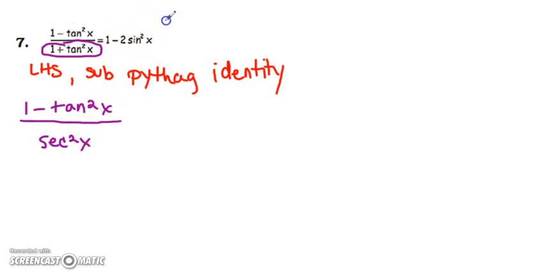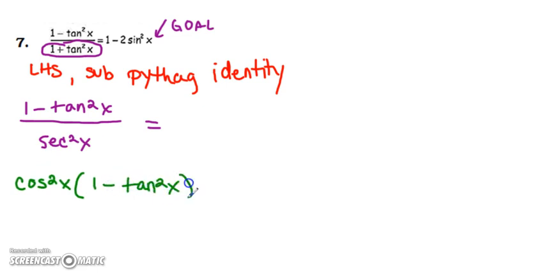The problem's goal does not have a fraction. So I'm going to get rid of the denominator by rewriting it. That's my next step. I'm going to change secant squared, being in the denominator, to cosine squared x times 1 minus tangent squared. And then I'm going to distribute it. So cosine squared x minus cosine squared x tangent squared x.